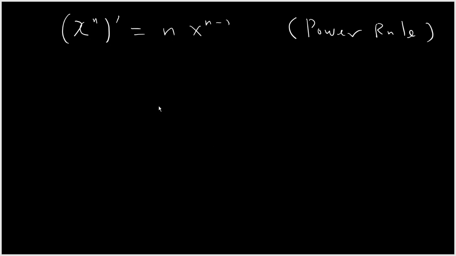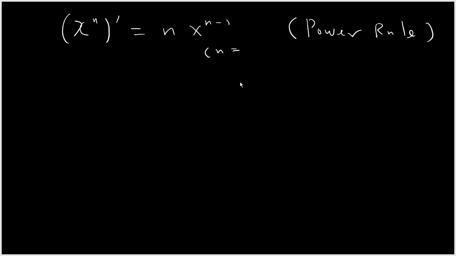The comment I want to make is that n is not necessarily an integer or a positive integer. Actually, n can be any real number, as long as n is not equal to 0.